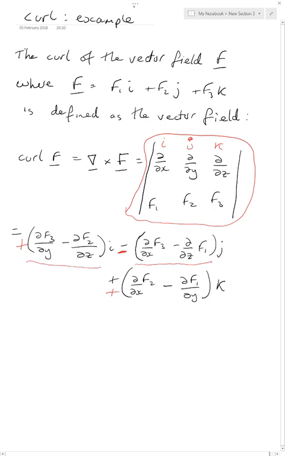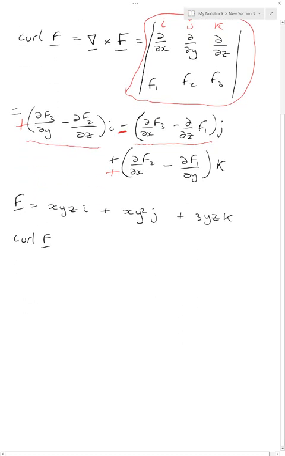Okay, so maybe if we jump into an example. Let's have f equal to xyz i plus xy squared j plus 3yz k. If we want to find the curl of f, we need to create our determinant.